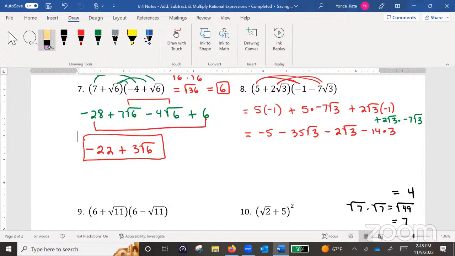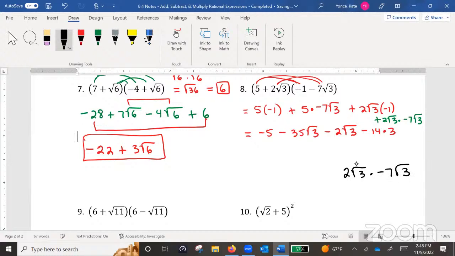Okay, so Charlie, back on just that last term. Okay, so we have this, right? We have 2 square root of 3 times -7 square root of 3, right?